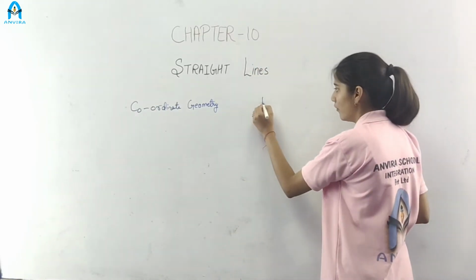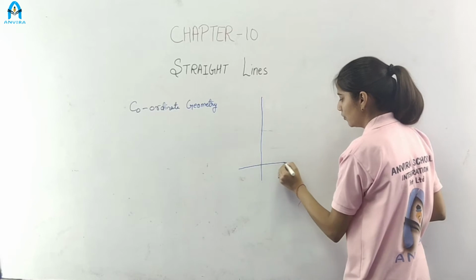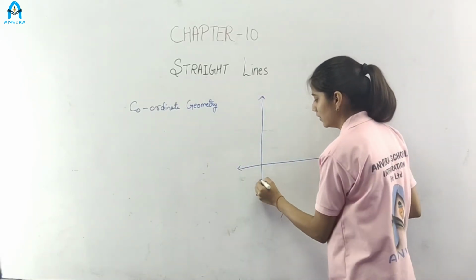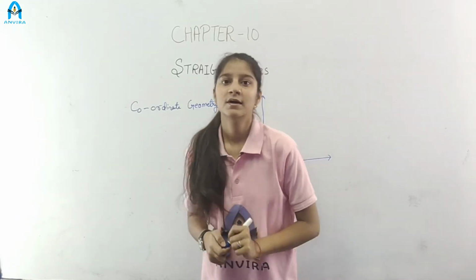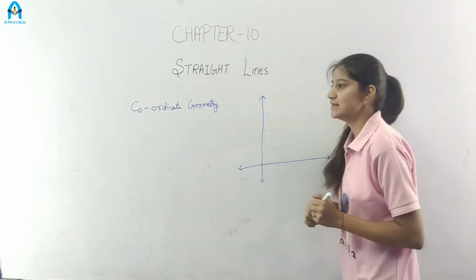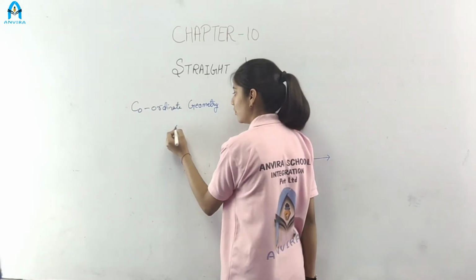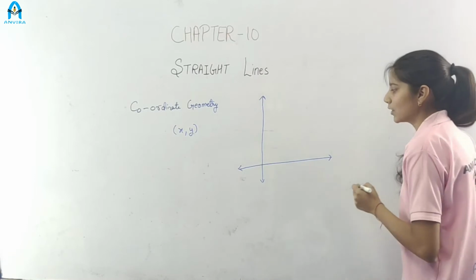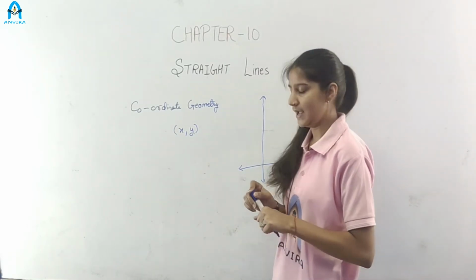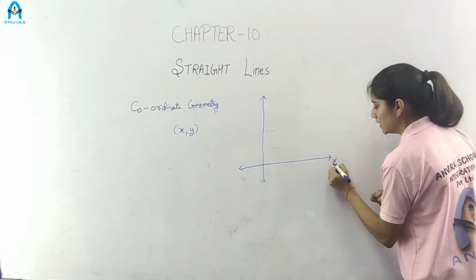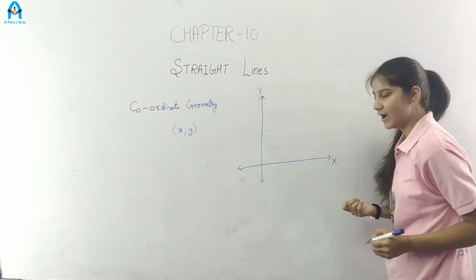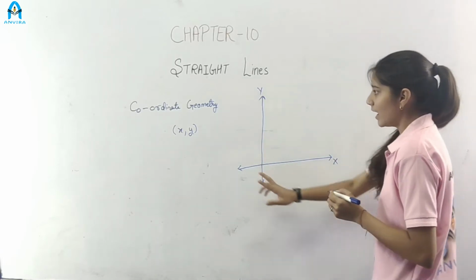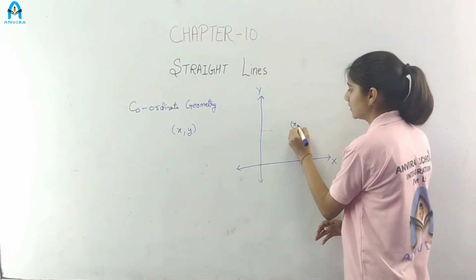As you know, to locate any point in our Cartesian plane, we have to find its dimension on the x-axis and y-axis. Let us suppose I have a point (x, y). How can I locate it on the Cartesian plane? I have to draw the x-axis and y-axis.